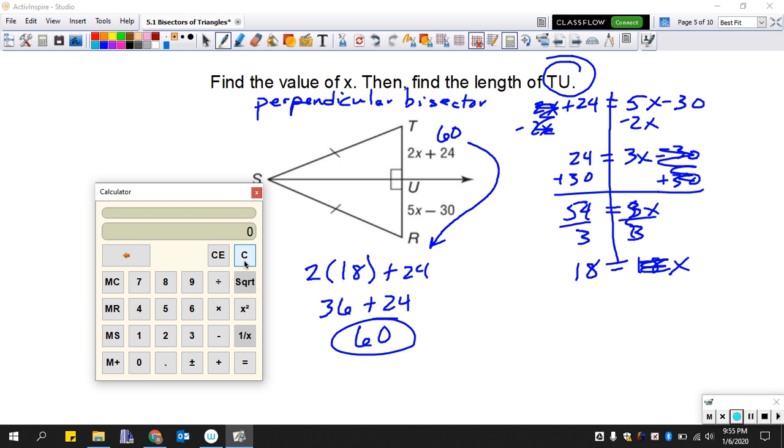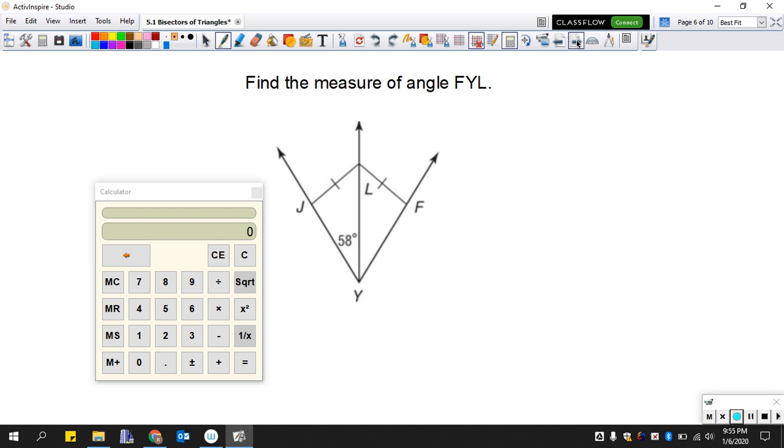The next problem says find the measure of angle FYL. Well, now here's the thing: FYL, that's this angle right here. We see here that this point L is equidistant from the two sides of the angle.